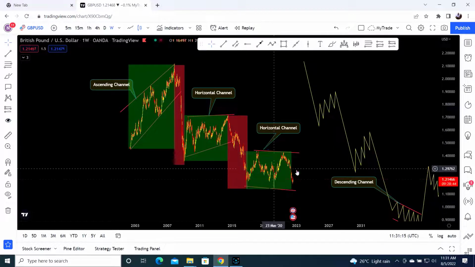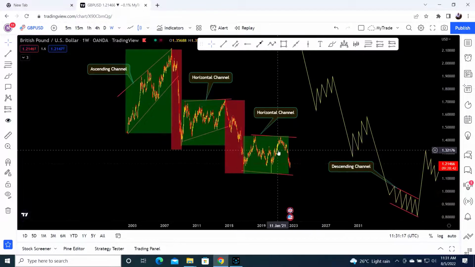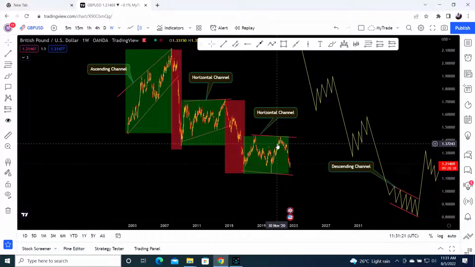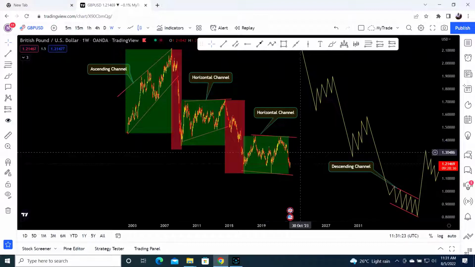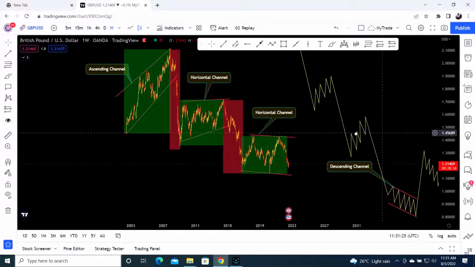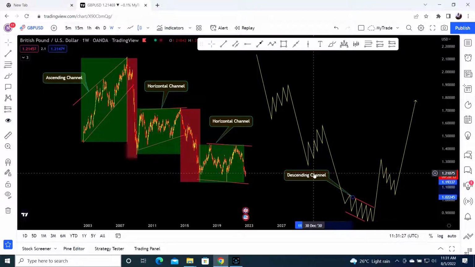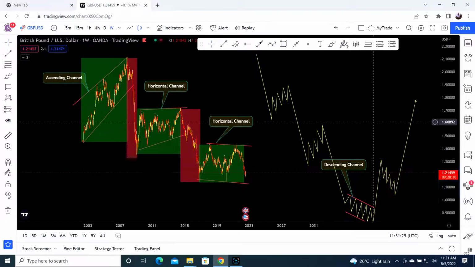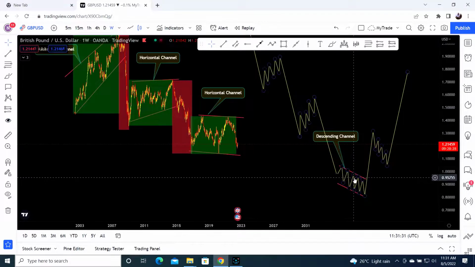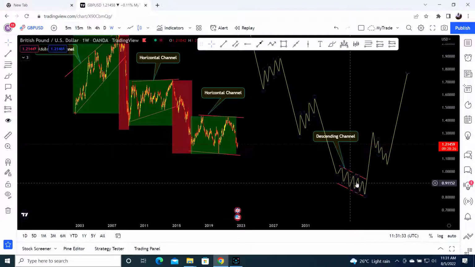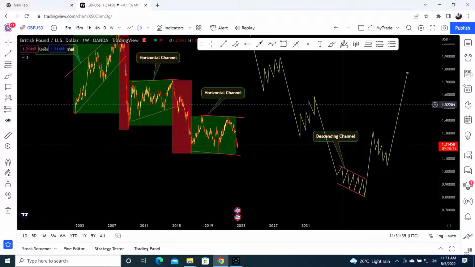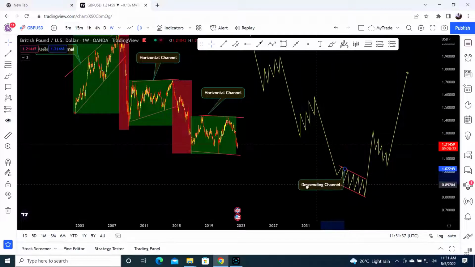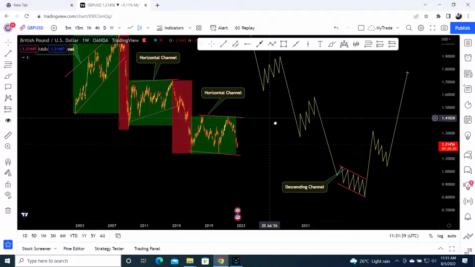Then you come to this point, the corrective pattern is also horizontal in nature. It is called a horizontal pattern. Now, when you come to this drawing we have here, the corrective pattern is descending in nature. So it is called a descending channel.